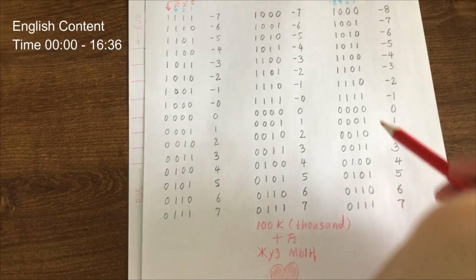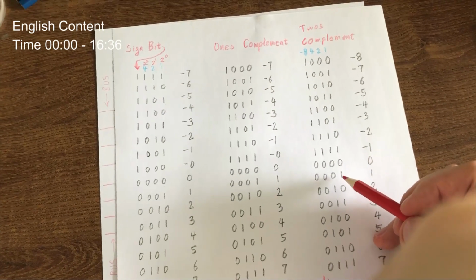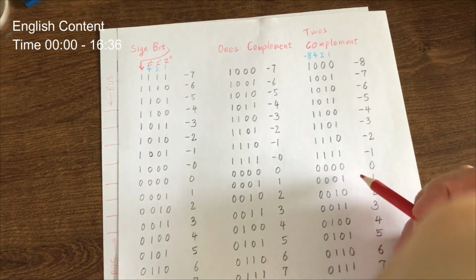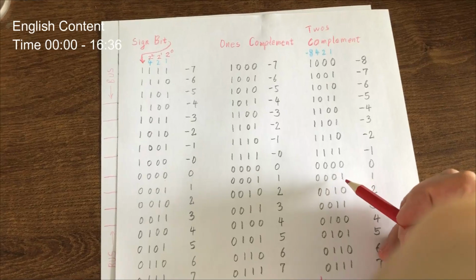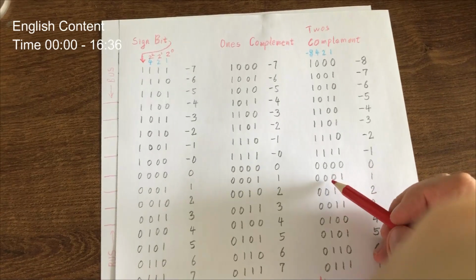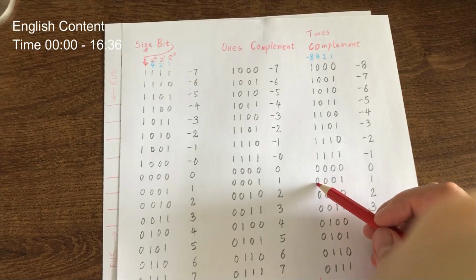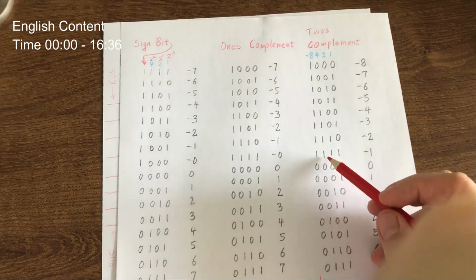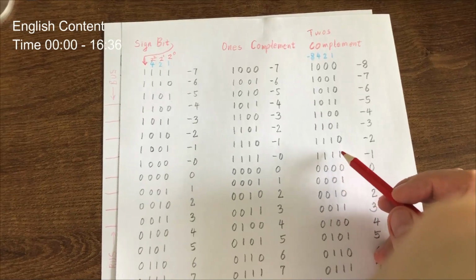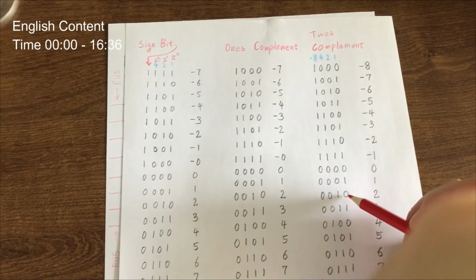What that means is here, for this number 1, its complement is flipping all the bits: 0 becomes 1, 0 becomes 1, 0 becomes 1, and adding 1. Here is 2.